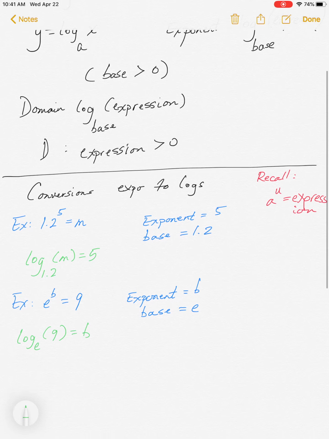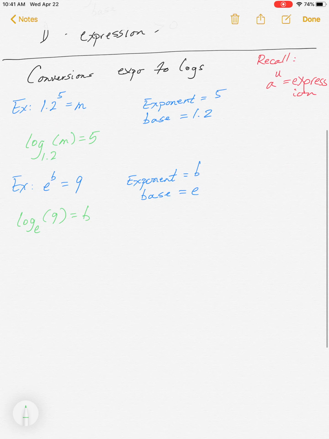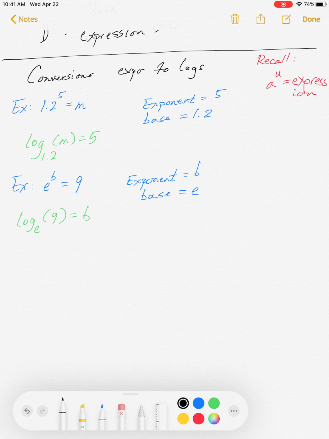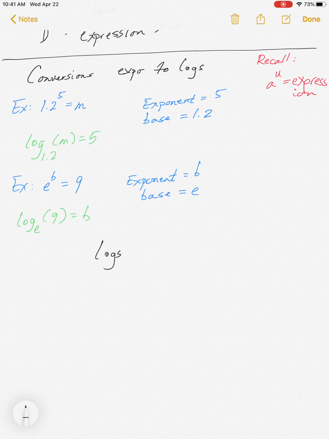Now let's say we want to work in reverse. Say we want to convert logs to exponents.